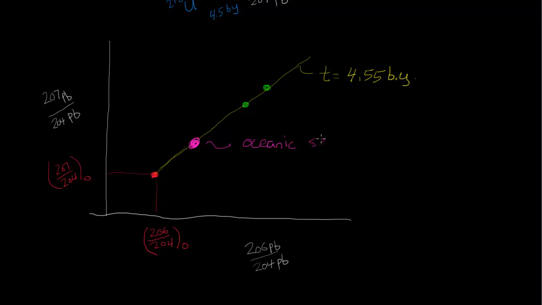So the oceanic sediment from Earth, I'll put that in big letters here, falls right on the same line. And the conclusion, therefore, is that this bulk material from Earth must have had a similar history to these other meteorites.